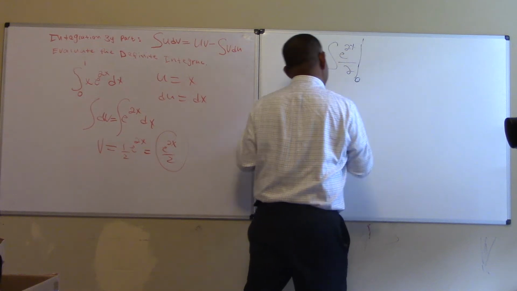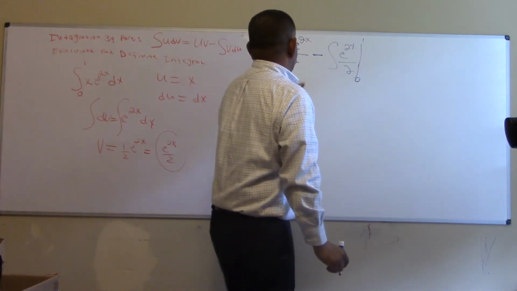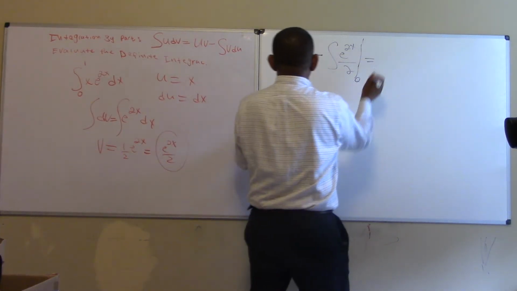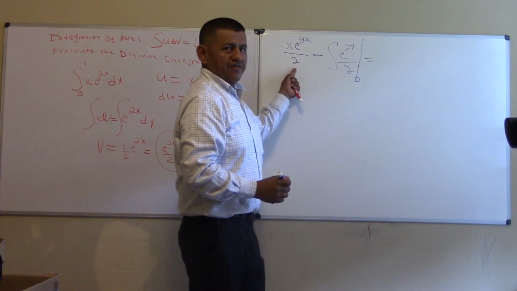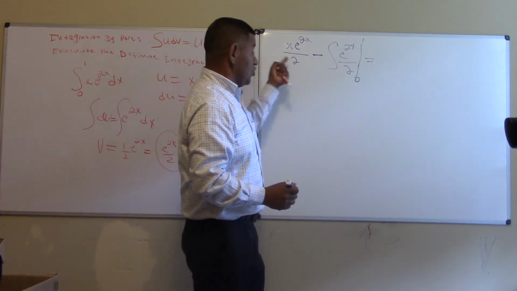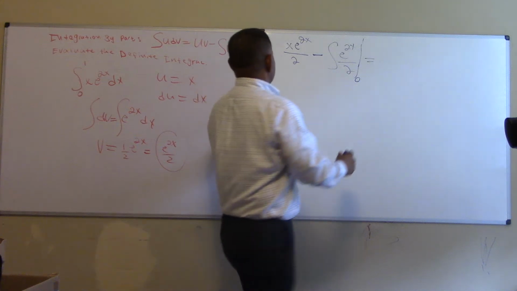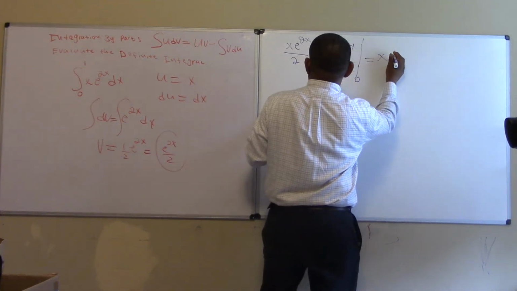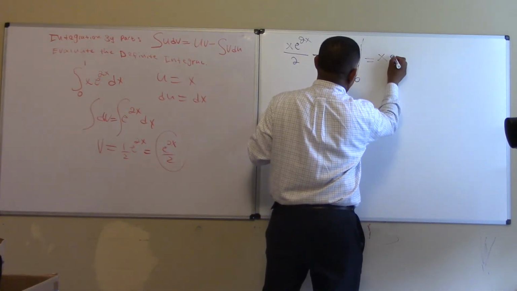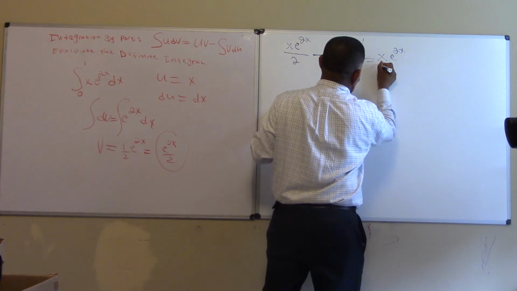Okay, so let's do this. This part I don't have to do anything with, I did whatever I had to do in this piece. So that becomes x multiplying that e to the 2x over 2.